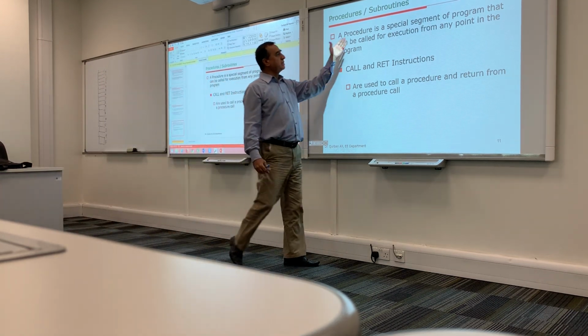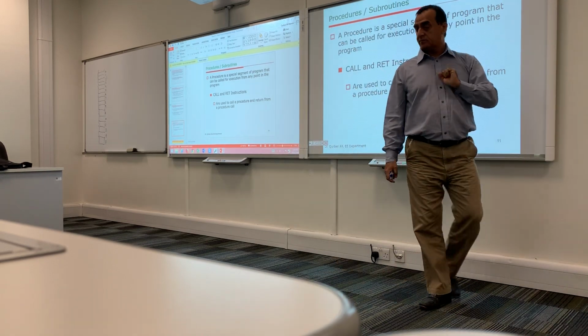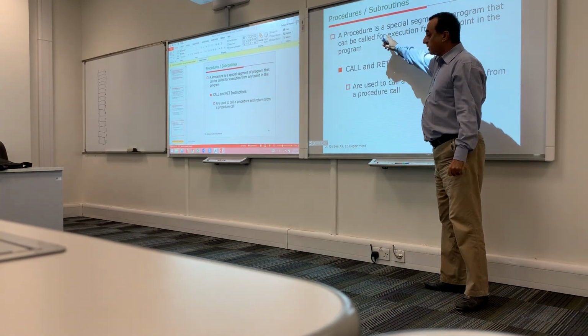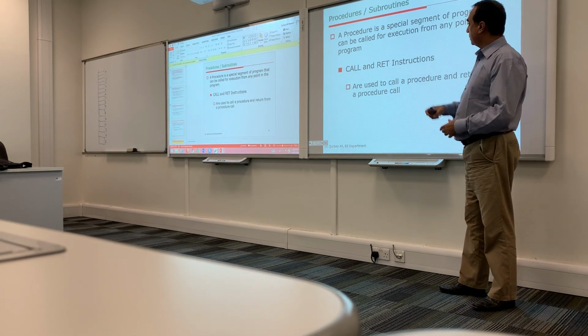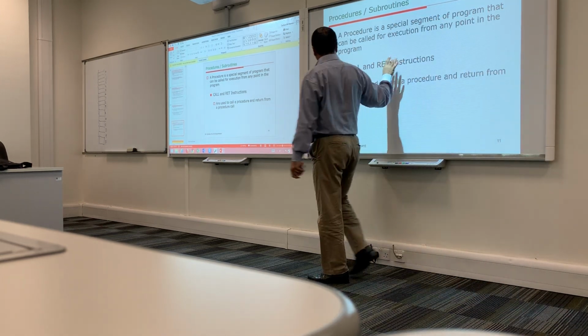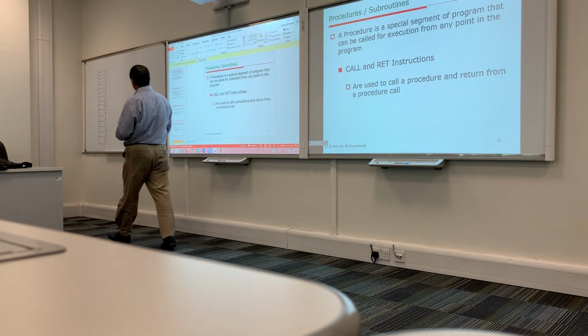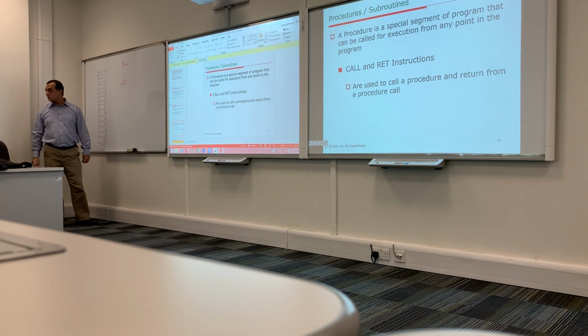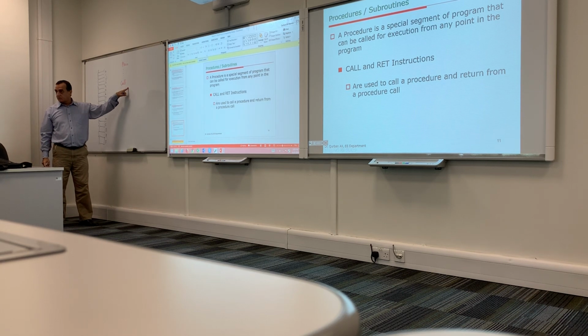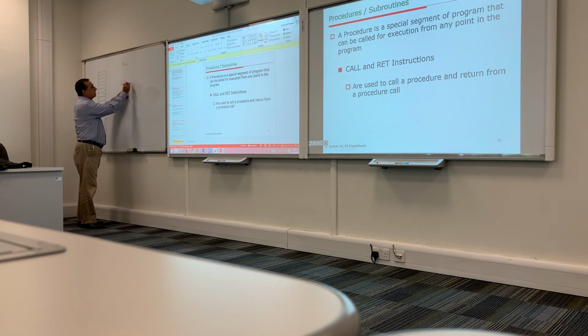So the definition is the same. A procedure is a segment of a program that can be called at any point in the main program, right? How does this work? In the main program we always use CALL. Whenever we want the function, we say call and then the procedure name.